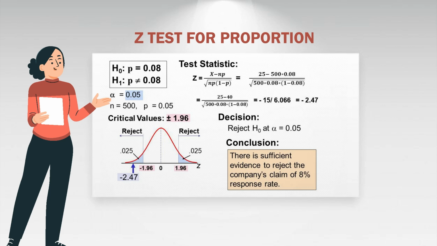Hence we reject the null hypothesis. So there is sufficient evidence to reject the company claim of 8% response rate. That means the company claim of getting 8% response is not valid as far as this sample is concerned.